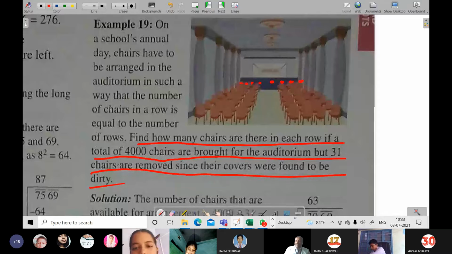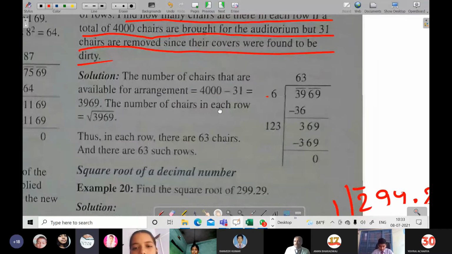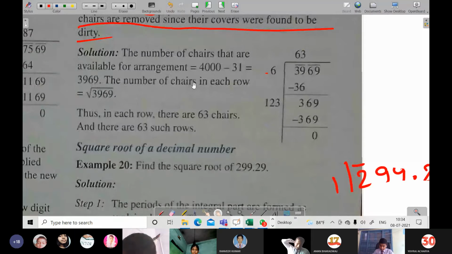So now how much will be arranged? 4000 minus 31 will be arranged. So at first here it has been done, 4000 minus 31 will be 3969. This many chairs have to be arranged, and since the number of columns and rows are equal, of course we have to find its root.